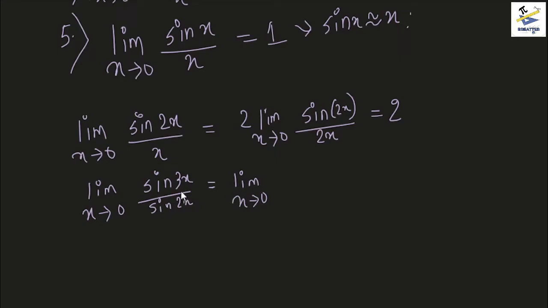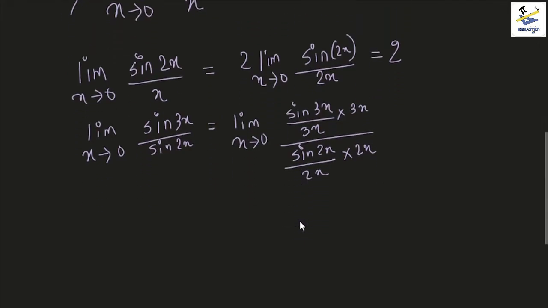To make the sine 3x work, we need a 3x dividing it, right? So just forcefully add the 3x like this into 3x. And similarly for the sine 2x part, you can forcefully add the 2x and have a 2x here, right?